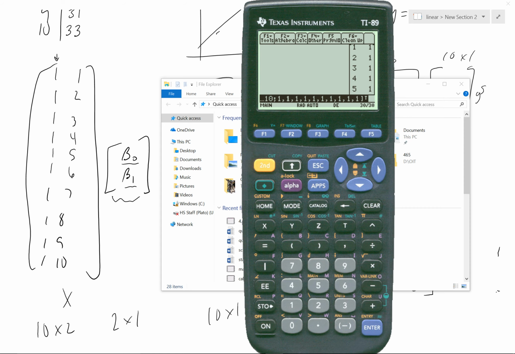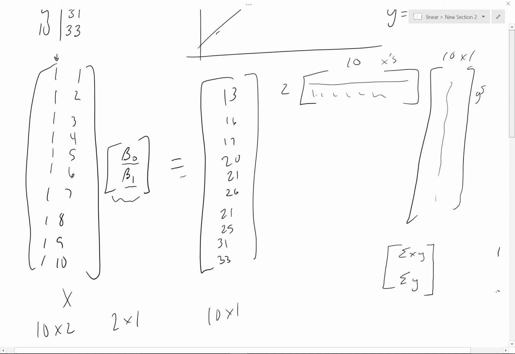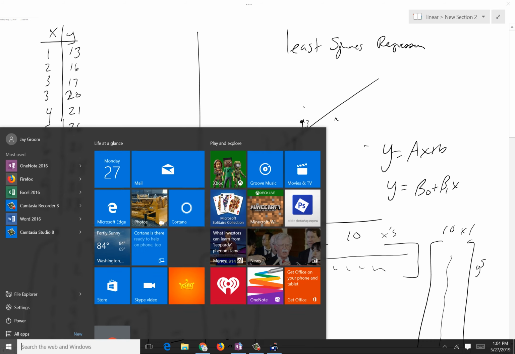There it is. Perfect. And then I'm going to store that as A. Cool. And then I'm going to do the same thing with y, again just inputting it as if it was a long row vector instead of a column vector, just because it's easier to input.